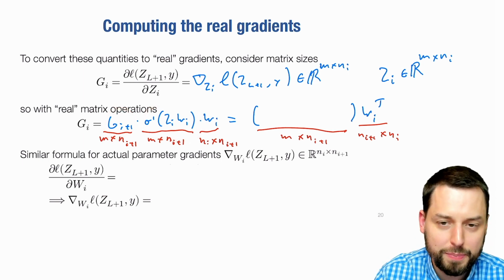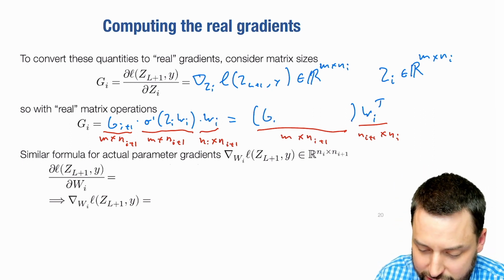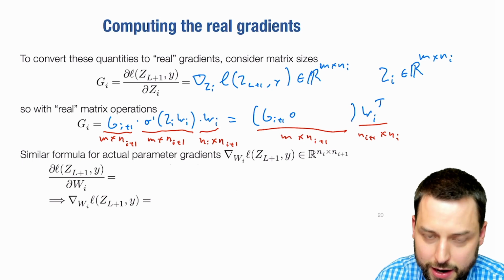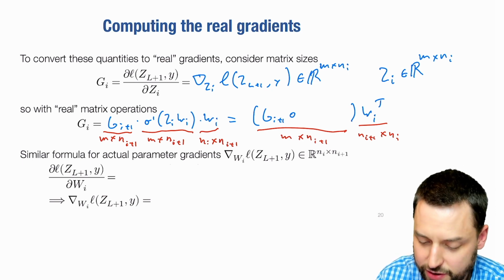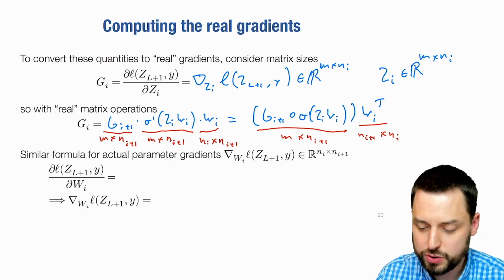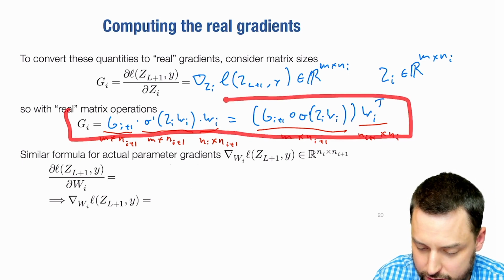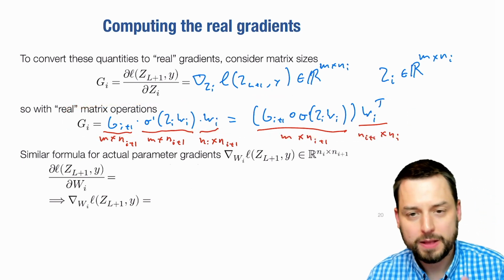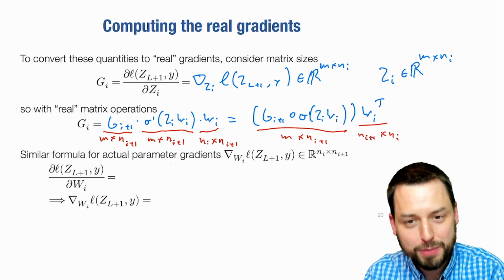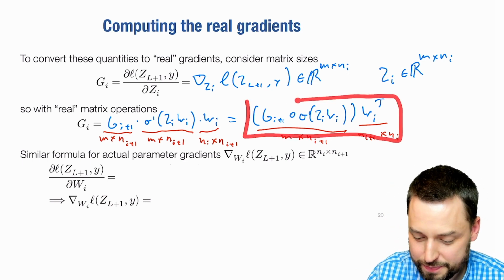That actually comes out because sigma is also applied element-wise, but what this ends up being is just G_{i+1} Hadamard, or element-wise multiplication, with sigma prime of Z_i W_i, times W_i transpose. So that's the actual update for G_i. If you want to not just conceptualize it, but actually implement it in matrix operations, this is the update you need.